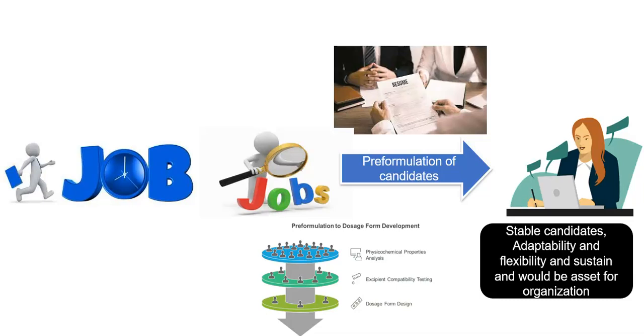Likewise, whenever you take a new drug for the development phase, always check all its physical, chemical, and mechanical properties so that we can make it a stable, affordable, effective medicine. Similarly, for pre-formulation candidates, we always need stable candidates which are adaptable, flexible and sustainable, and would be an asset for any organization. That is very, very important in the drug development process.